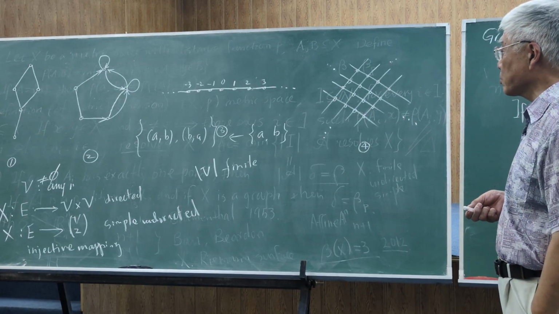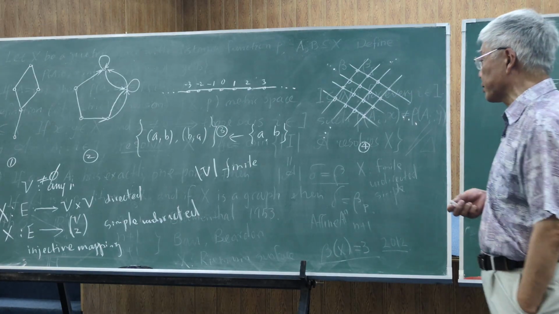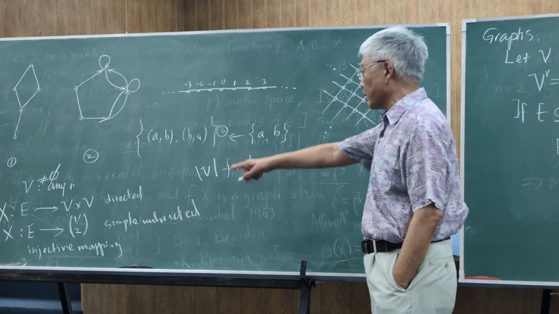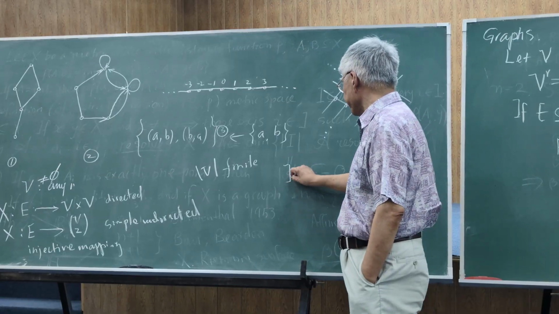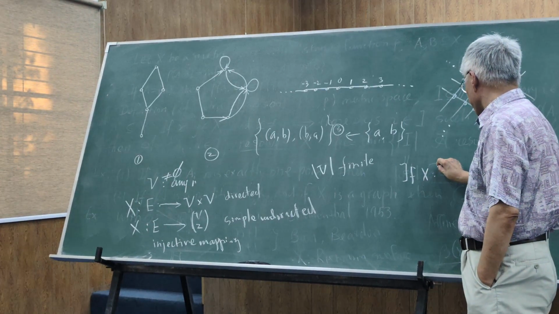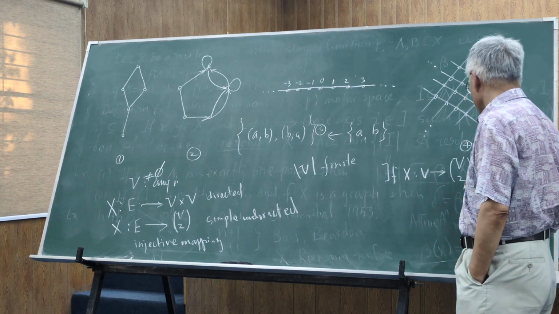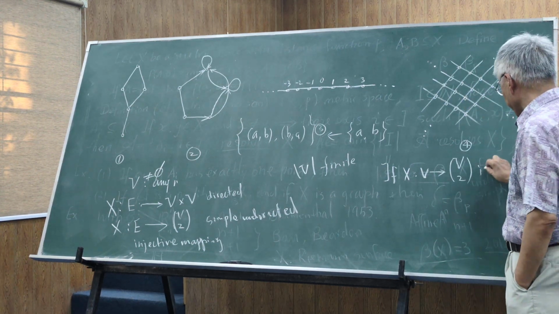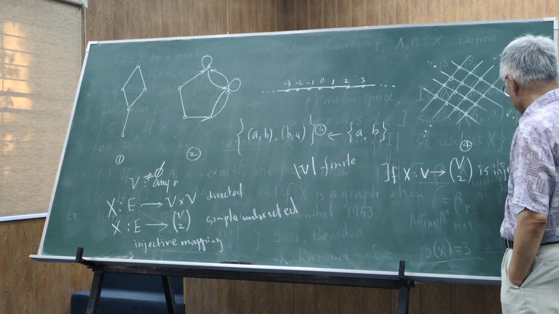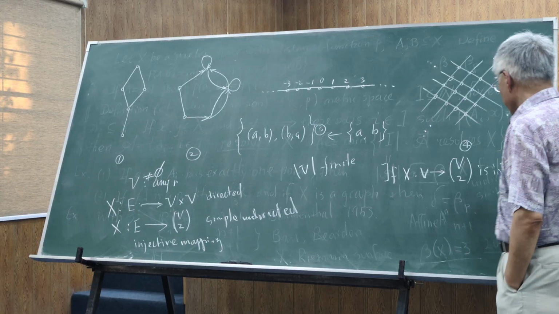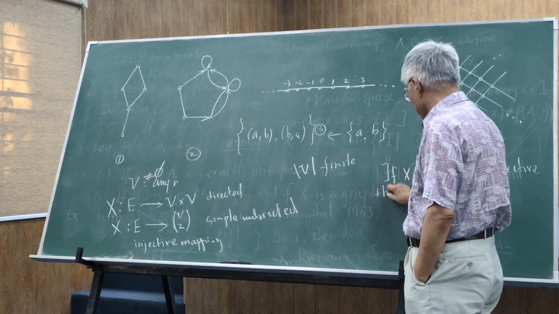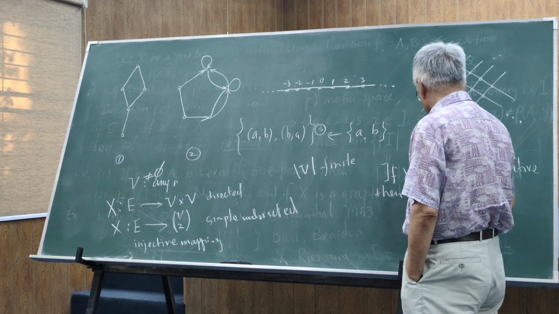So one thing we will have to clarify further, this second line here: if X from E to V choose 2 is injective, then it's called simple.